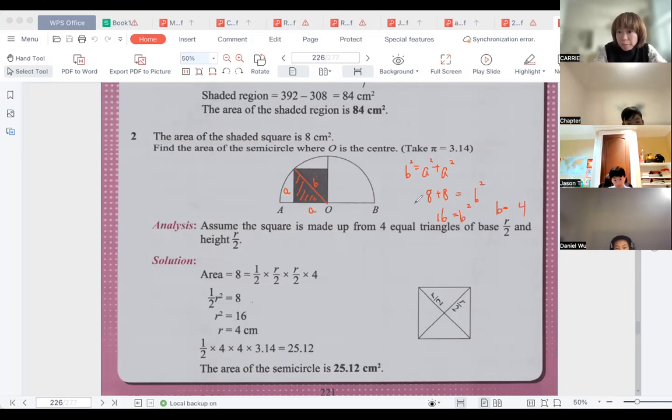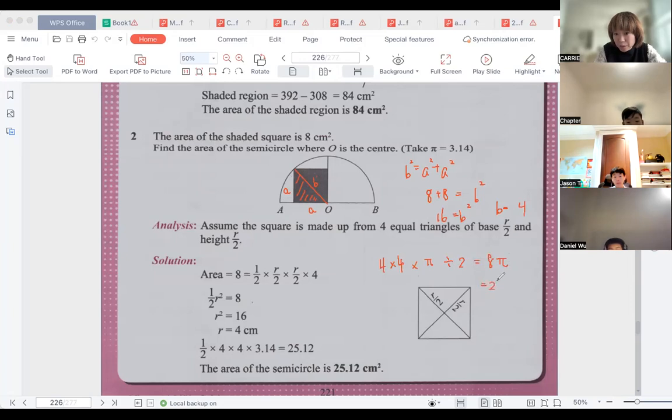Okay, so now because we know the radius, it's very easy for us to find the area of the semicircle, which is 4 times 4 times pi. But Chapter, remember, it's a semicircle, so we divide by 2.